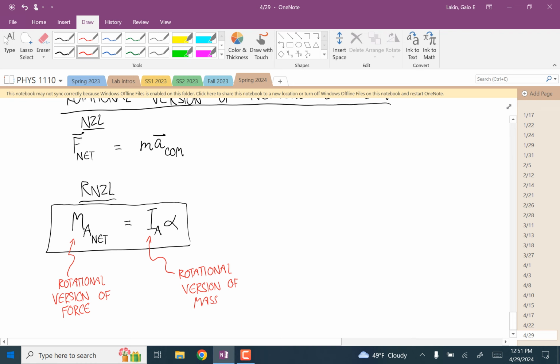You should store it in the exact same part of your brain. They're the same thing. One is just all the rotational stuff. One is all the linear translational stuff. And so before we start using this, I have to define what these things are.